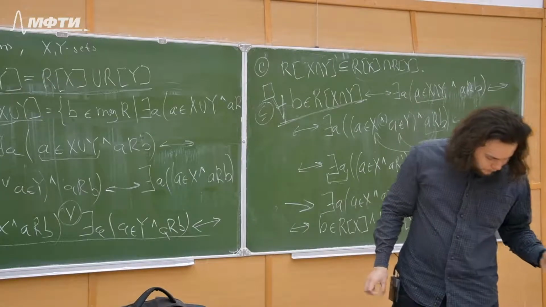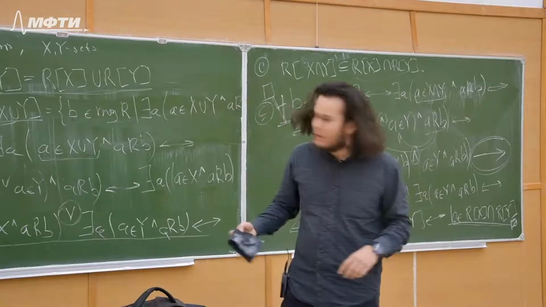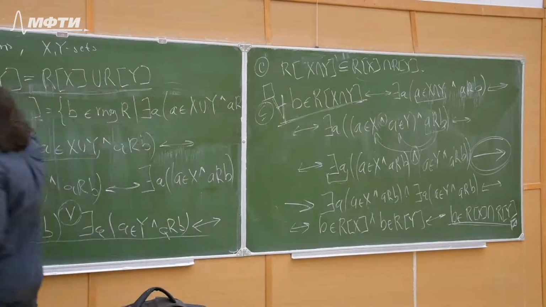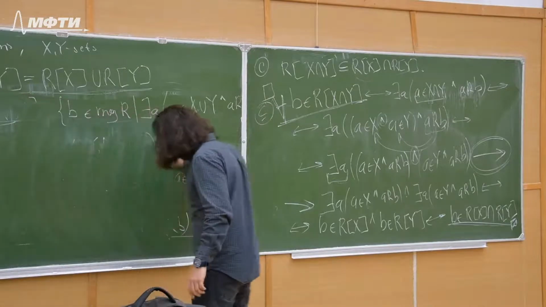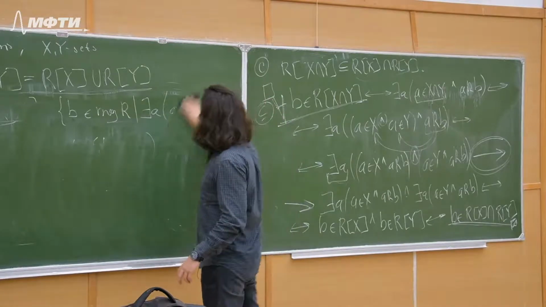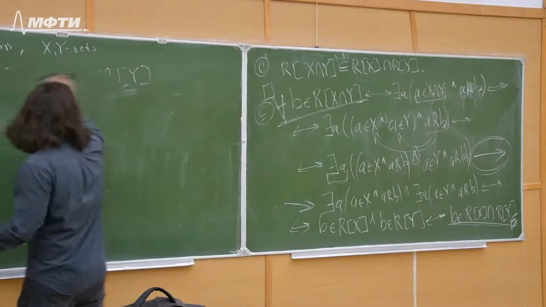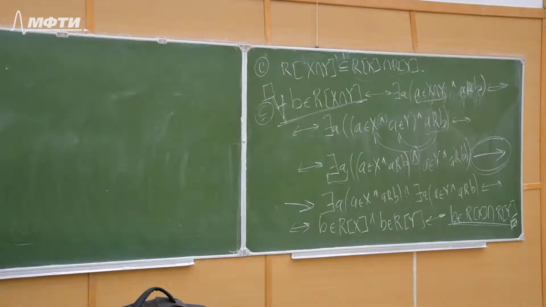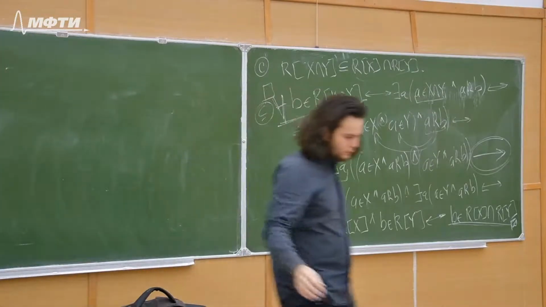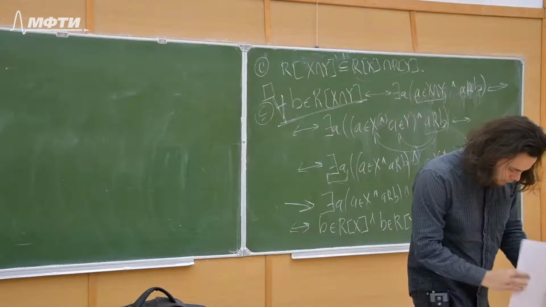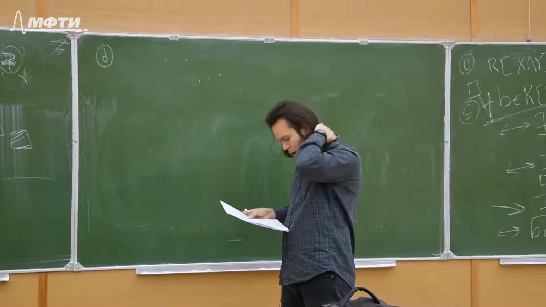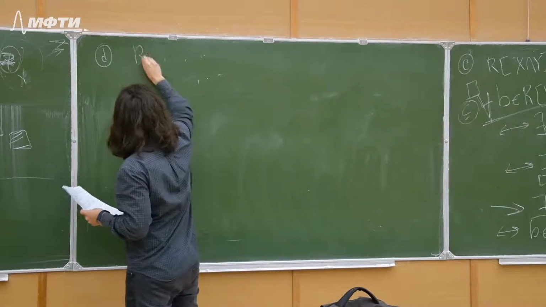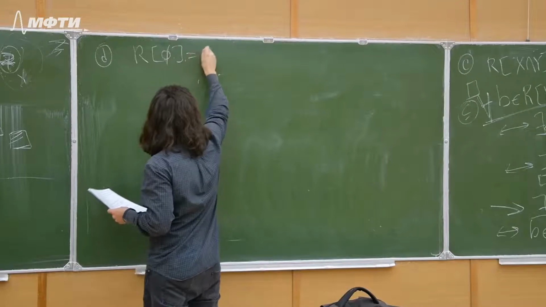Now let's move to D. Let me erase this thing here. So I have to prove that the image of the empty set is the empty set.